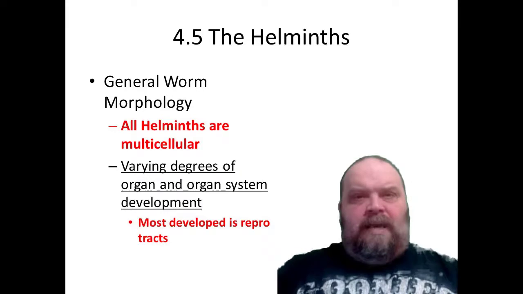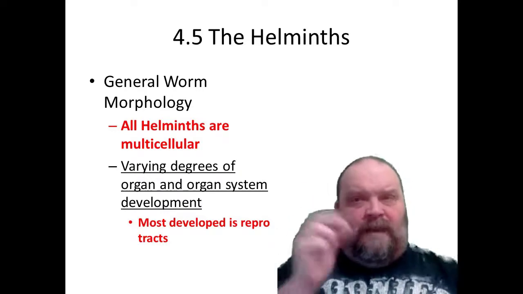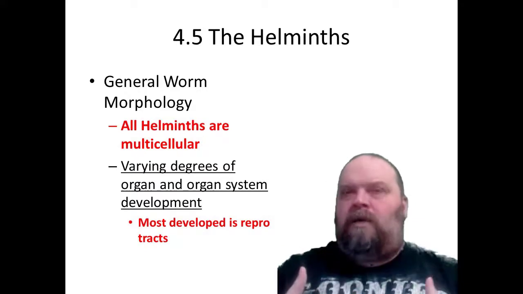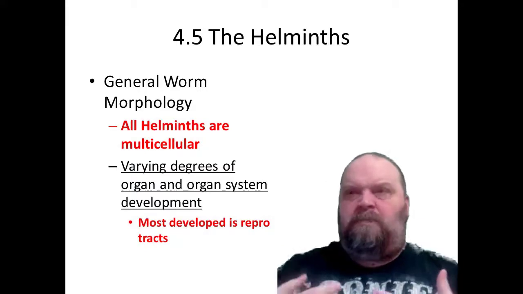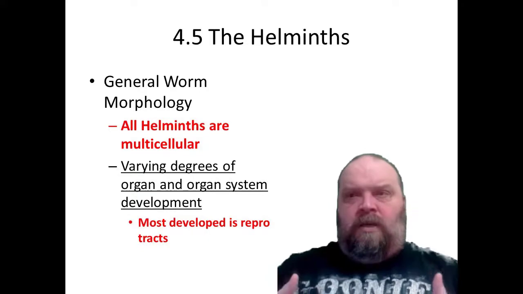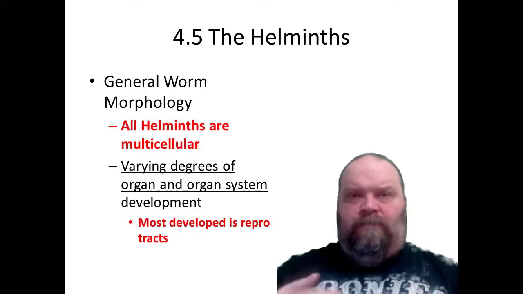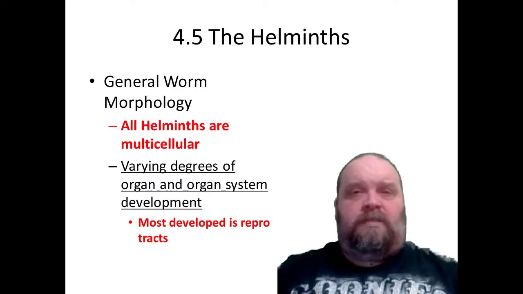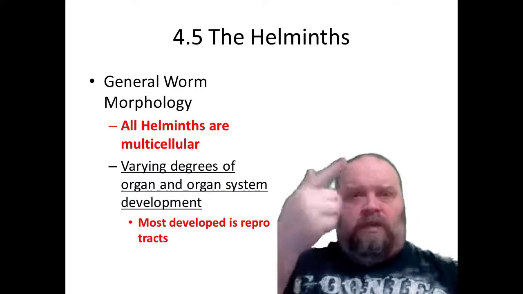We do find that when you're looking at the more advanced ones, there is a bit of a hierarchy on which organs, which organ systems seem to take preference from an evolution standpoint. Up at the top, it's going to be the reproductive systems, the reproductive organs, uterus, the testes.